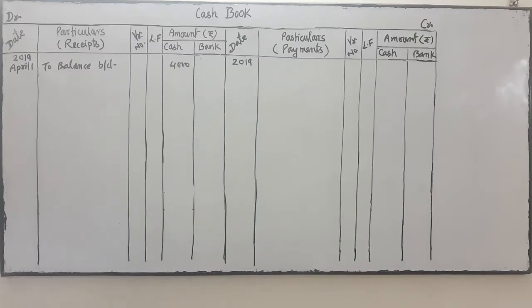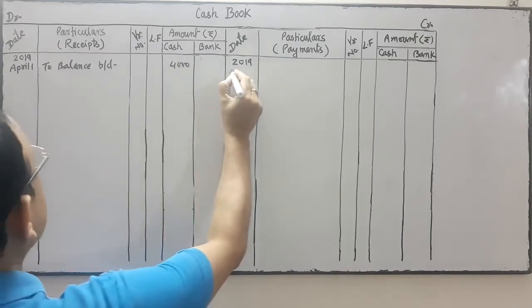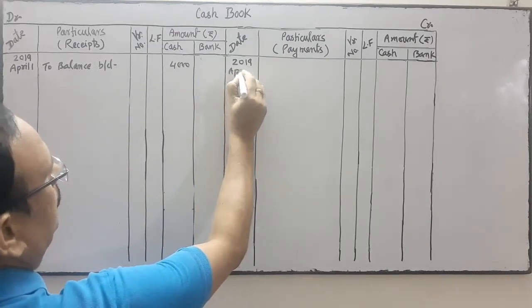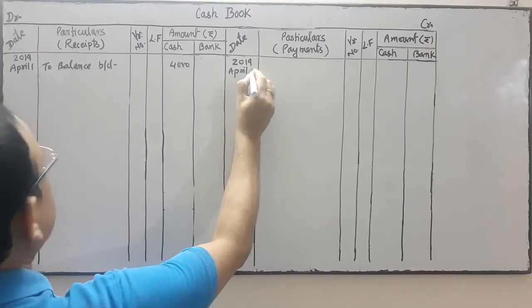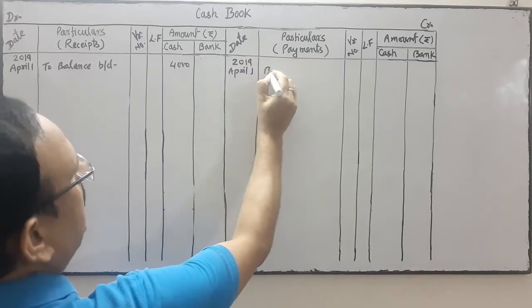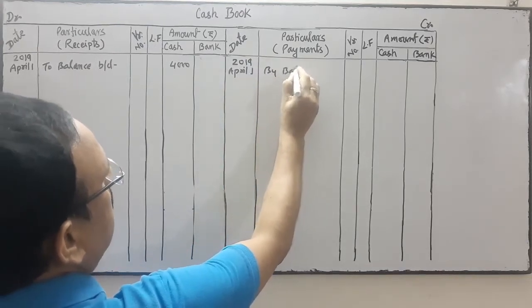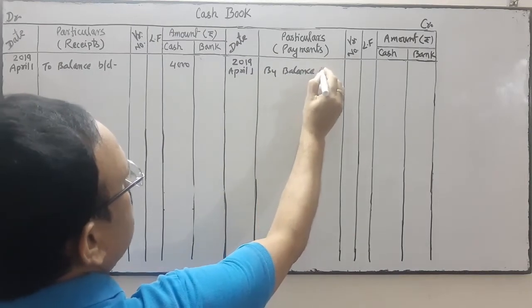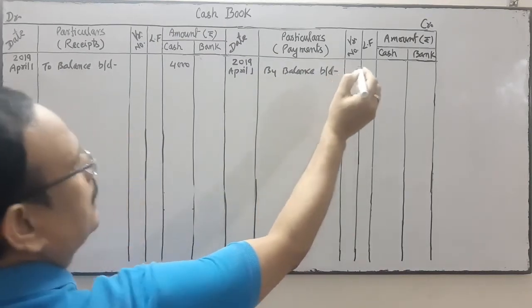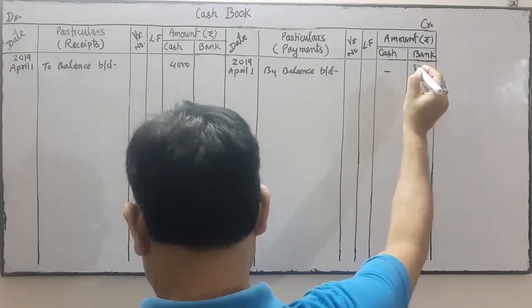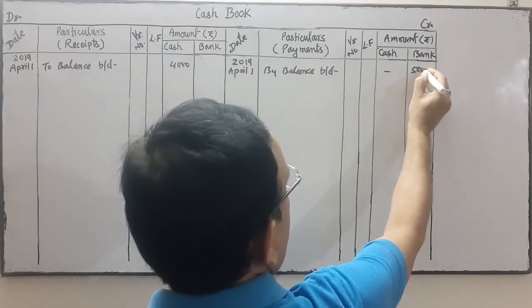Next is bank overdraft. Bank overdraft has a credit balance on April 1st, by balance brought down, in the column of bank, 50,000.